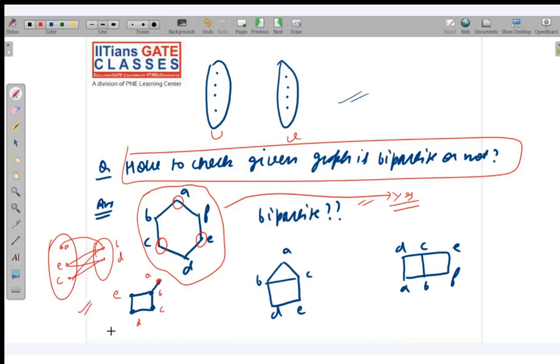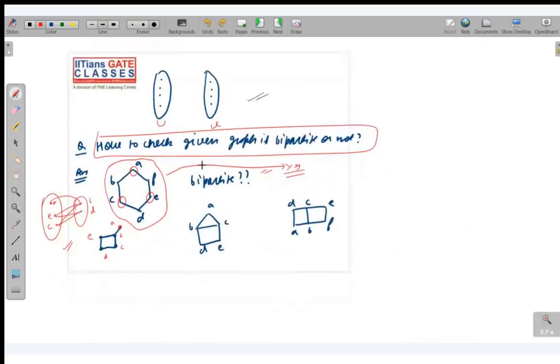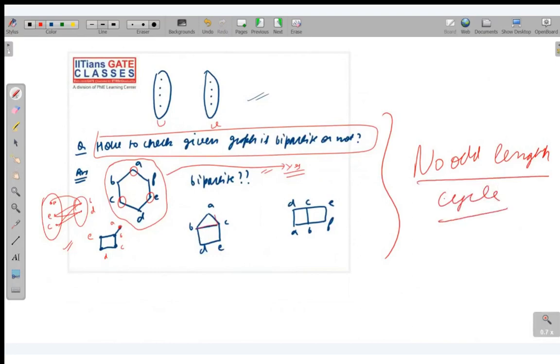Now this checking is really very difficult, because there are many edges and so on. It will create a big problem for us. So what is the shortcut? The shortcut is no odd length cycle. Here we are having an odd length cycle, so cross it. It is not bipartite.